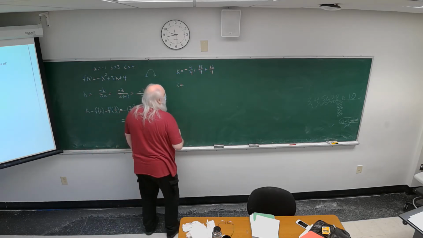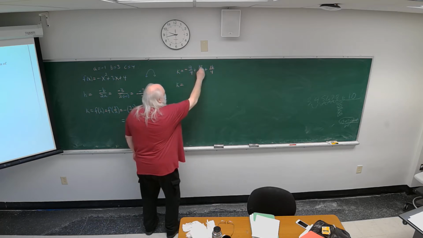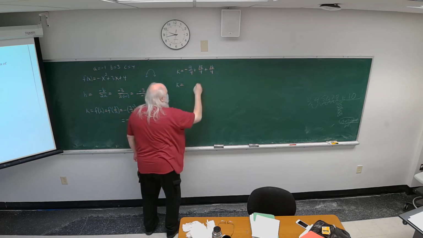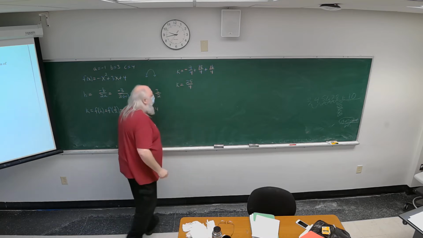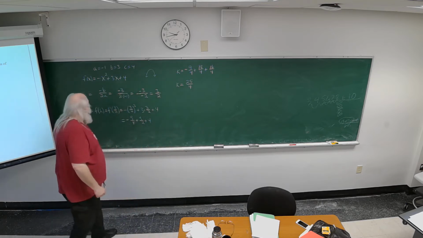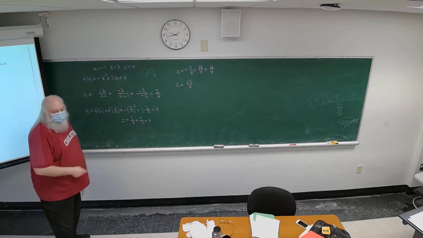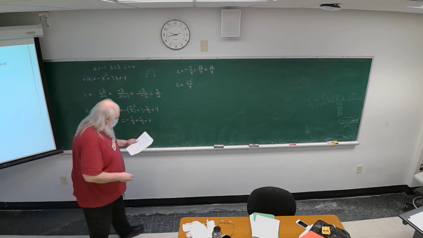Now we can add the numerators. Minus 9 plus 18 is 9, and 9 and 16 is 25. So the y coordinate for the location of the vertex is 25 fourths.